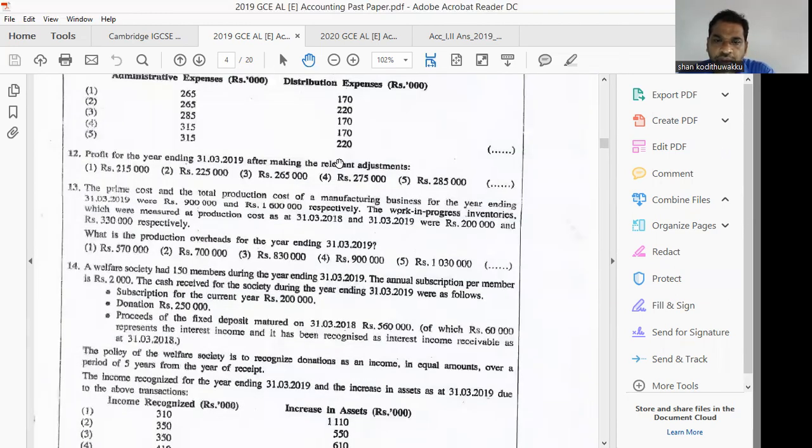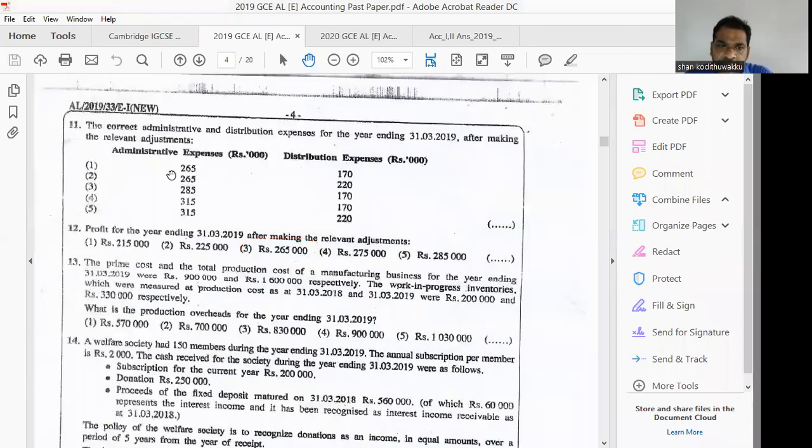Here you are given 265 in the third answer. Profit for the year ending 31st March 2019 after making the relevant adjustments, 275. Sorry, 265. That is answer 3. How did I get 265? Our correct administrative expenses were 315, distribution expenses 170.